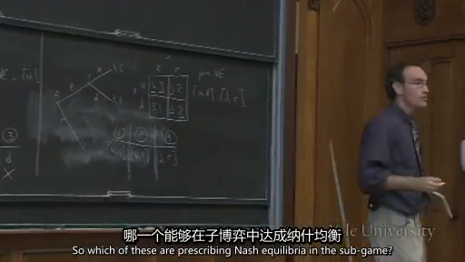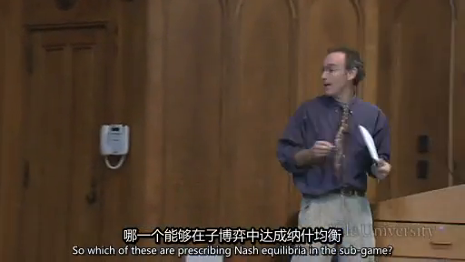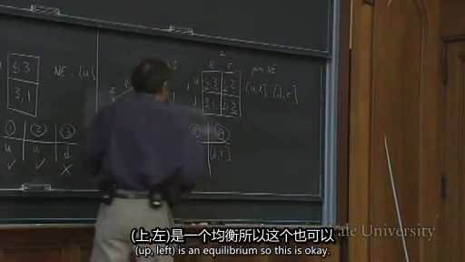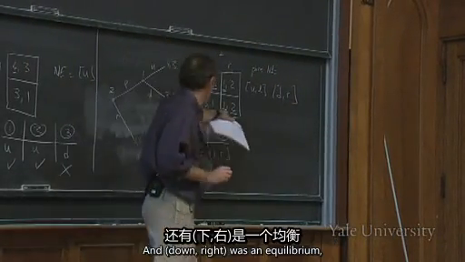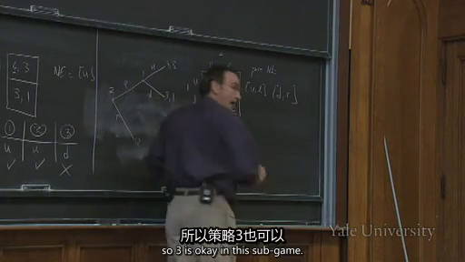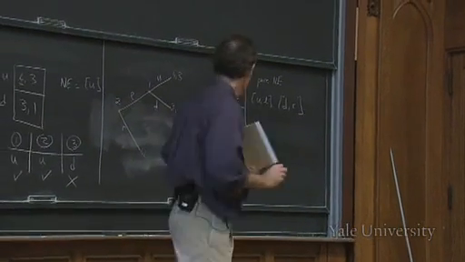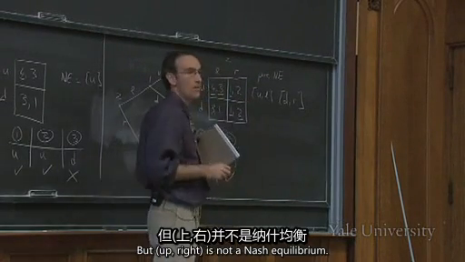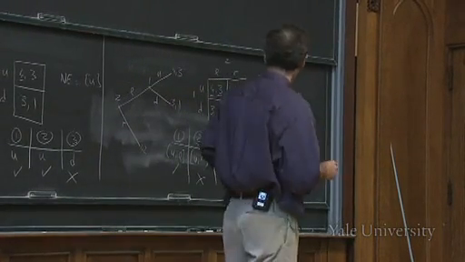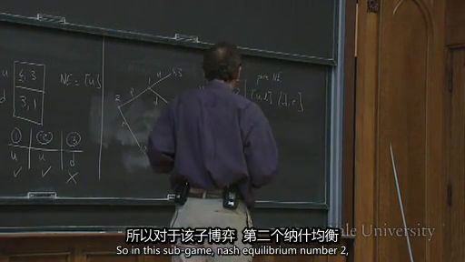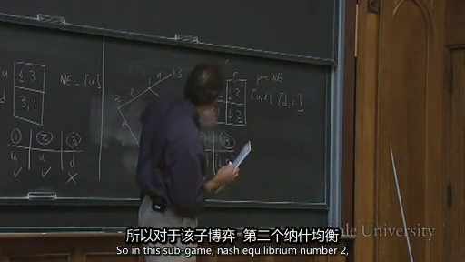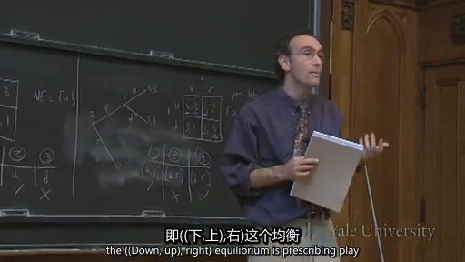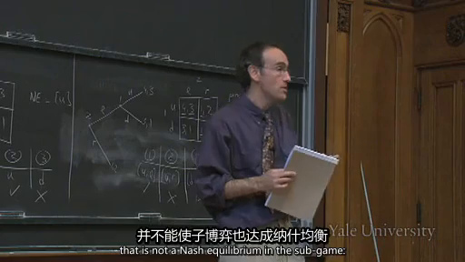So which of these are prescribing Nash equilibria in the subgame? Well, up left is an equilibrium, it's that one. Up left is an equilibrium, so this is okay. And down right was an equilibrium. So 3 is okay in this subgame. All right? But up right is not. Up right is not a Nash equilibrium. All right? So in this subgame, Nash equilibrium number 2, the down, up, right equilibrium, is prescribing play that is not a Nash equilibrium in the subgame.